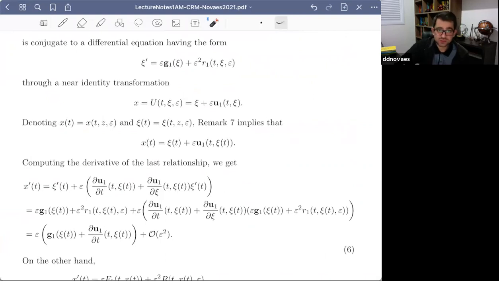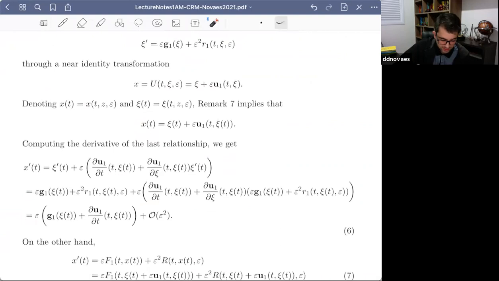So computing the derivative of x, we have on one hand that the derivative of x using this relationship is equal to the derivative of c plus epsilon multiplied by the derivative of u with respect to the variable t.